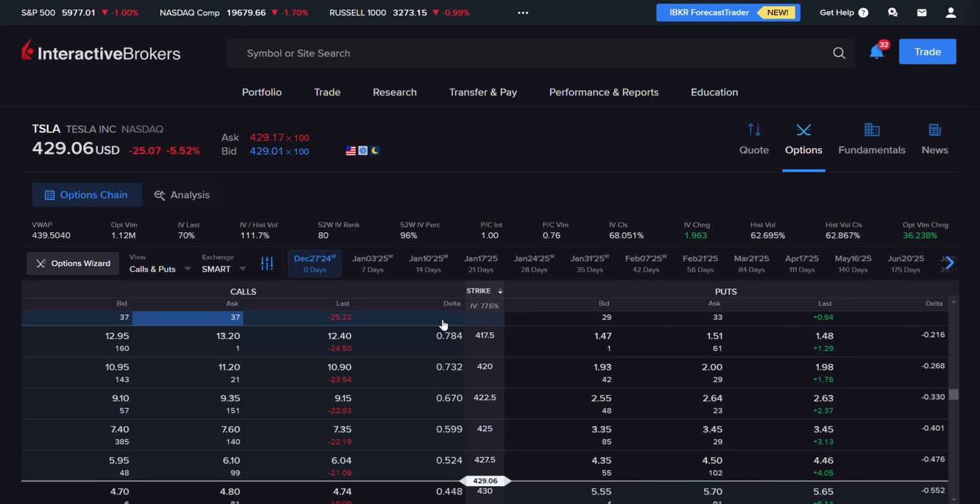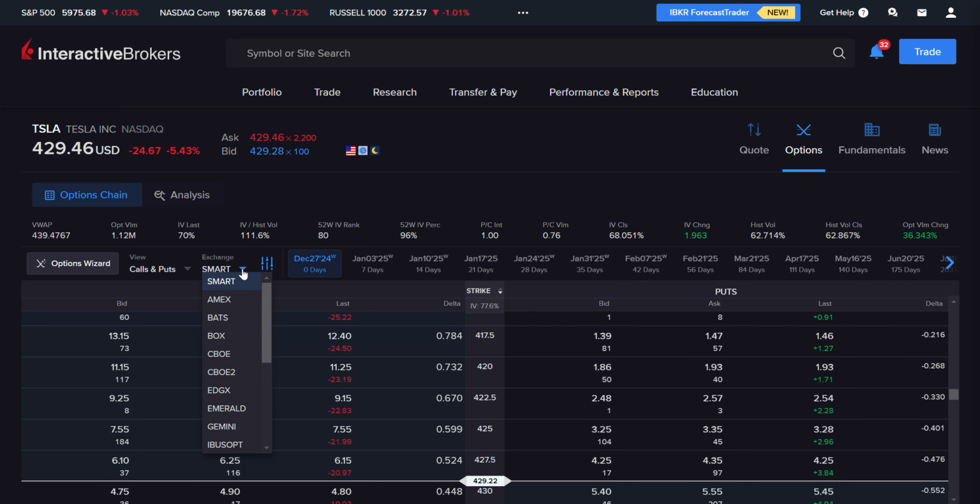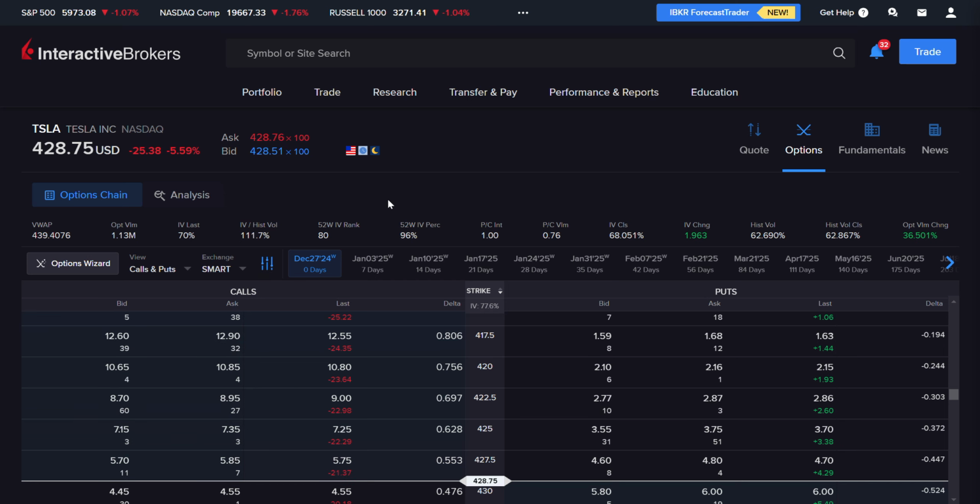It is a kind of financial contract. It's a derivative contract and it trades on the options market. You can look at the exchange here. There's the SMART, the AMEX, BATS. These are all different exchange markets.